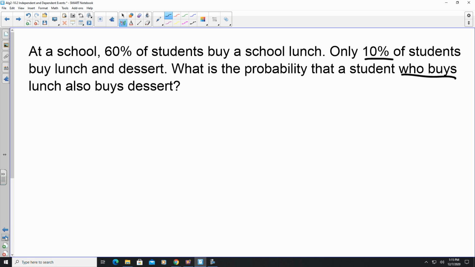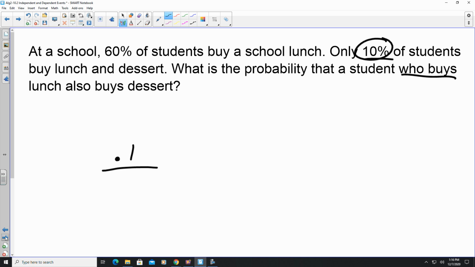On the top, you're going to put the probability that a student buys lunch and gets dessert. In this case that is 10%, but you're going to convert that to a decimal, so 10% as a decimal is 0.1.